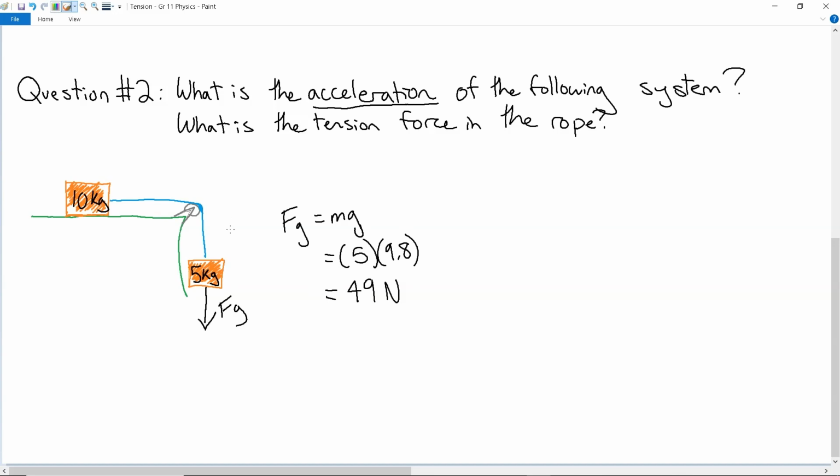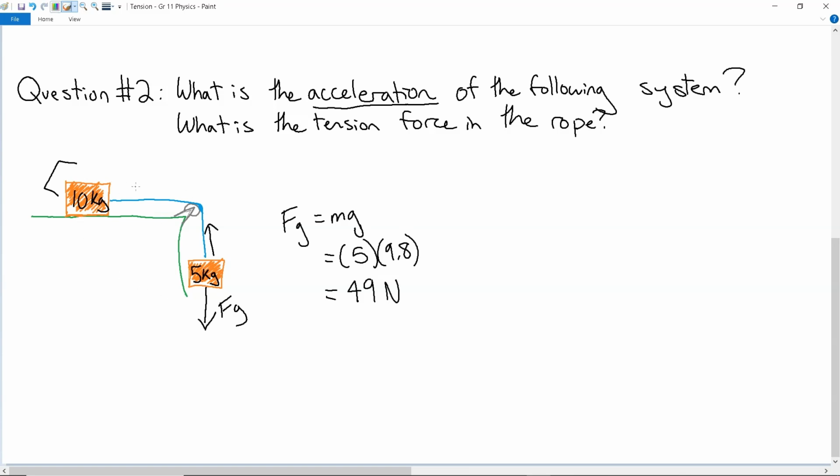What I find pretty common with students is they'll get stuck here because they think, okay, I have 49 newtons of gravitational force downwards on this 5 kilogram mass. That means that I should have a tension force of 49 newtons upwards to counteract that. But we can't necessarily do that in this scenario because of this second mass here that's been attached by a rope. Because what we've done is we've created a larger system.